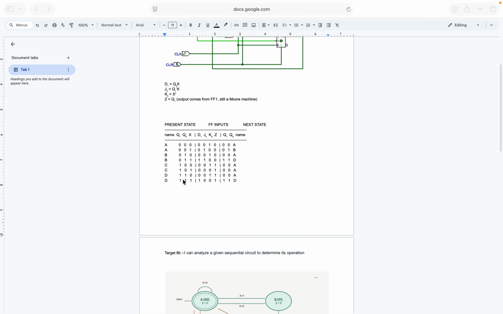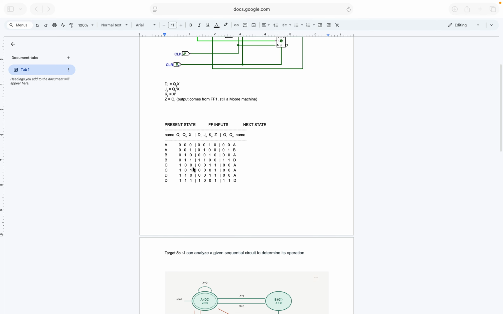In state B, which is 01, if x equals 0, the next state goes back to A. If x equals 1, the next state becomes D, which is 11. The next state is C, it is 10.